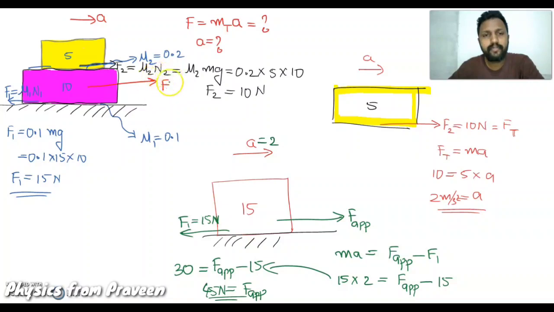The maximum force that we can apply here is 45 Newton. If you exceed 45 Newton, the 5 kilogram block will skid. Hope that you have understood this problem also.